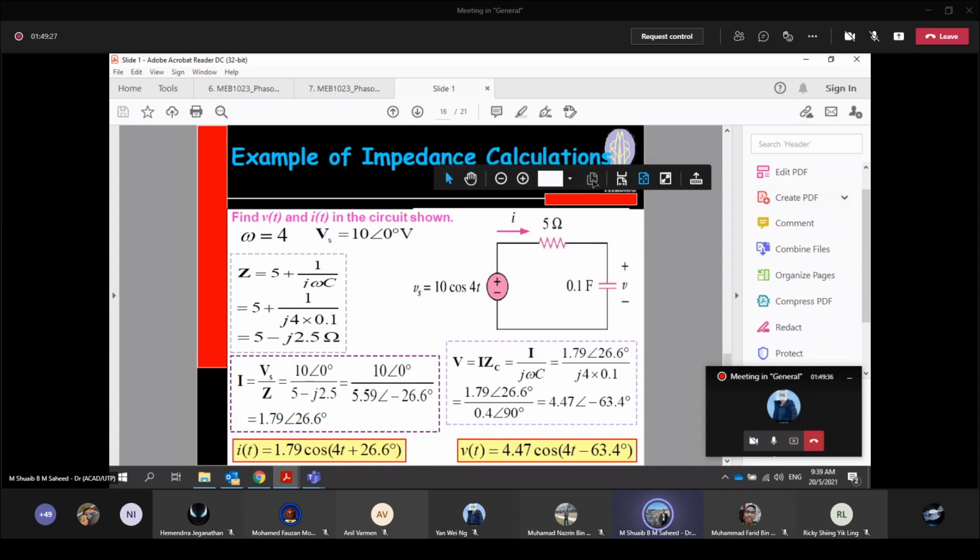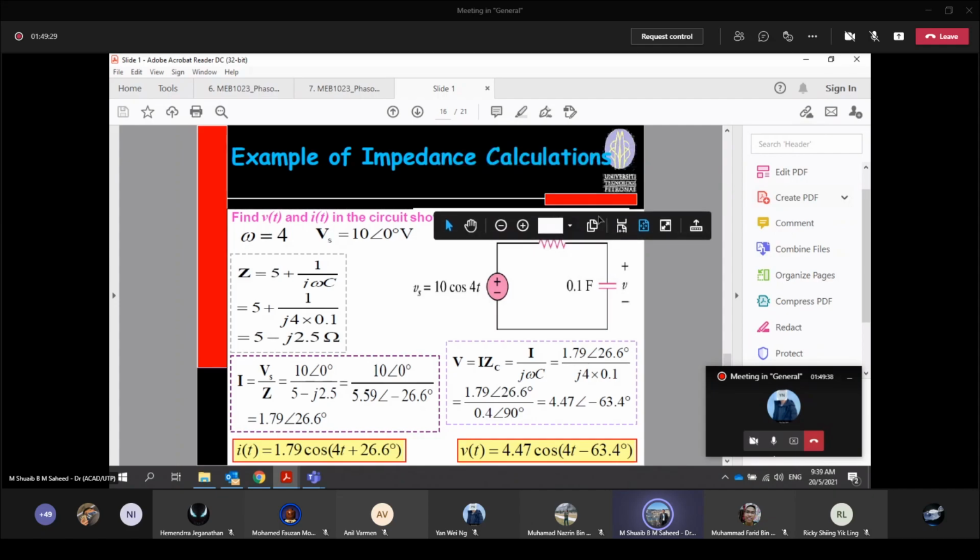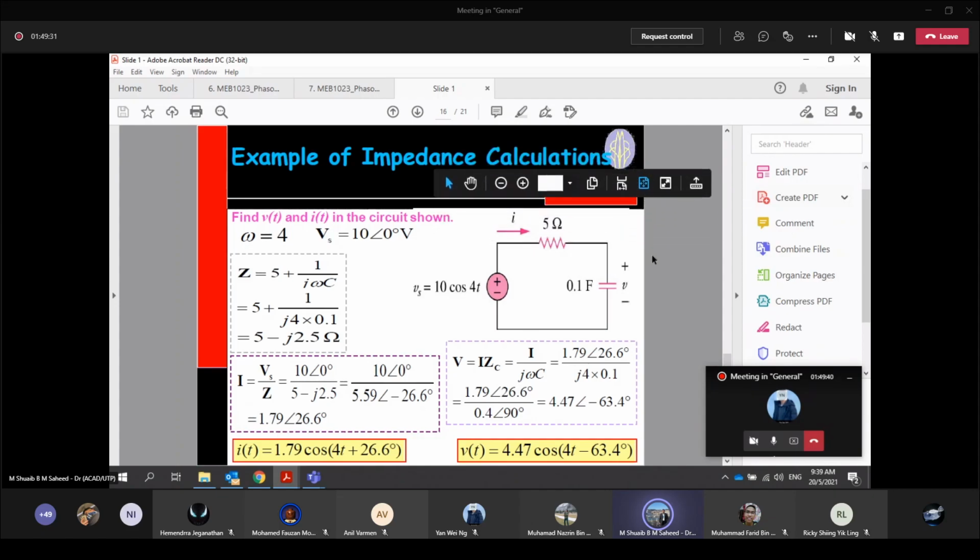Example of impedance calculation. Okay, now you have a very simple circuit. You have a single voltage source, one resistor, and a capacitor. Find the VT and the IT in the circuit shown, the voltage and the current.